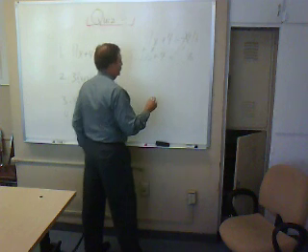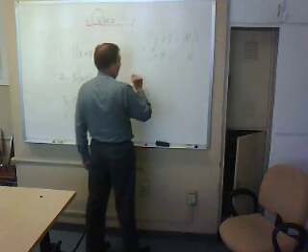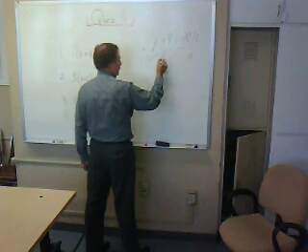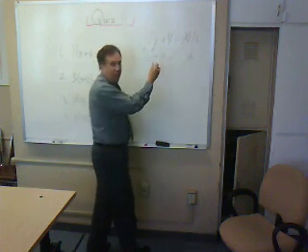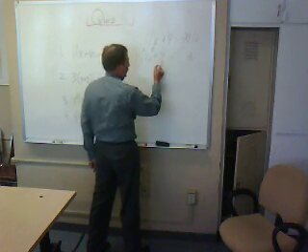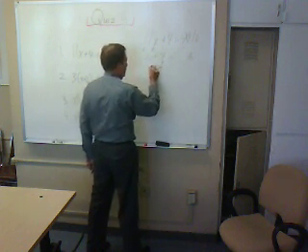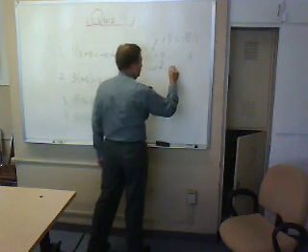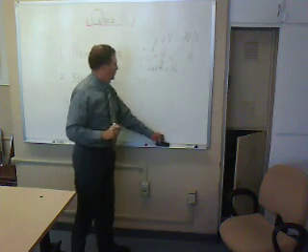Now remember, I want x equals a number. So I have a number over here, and I've got to get rid of this number. How do I get rid of 4? I subtract 4. So 4 minus 4 is 0. I have 12x plus 0 equals 16. Let's get rid of this 0.